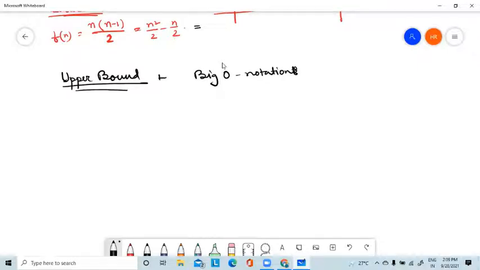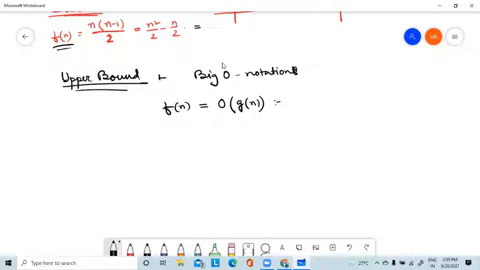So suppose f(n) is a function, and we are going to represent the time complexity of this function as O of g(n). Then it should satisfy this particular relation.